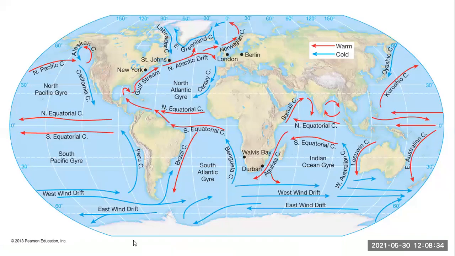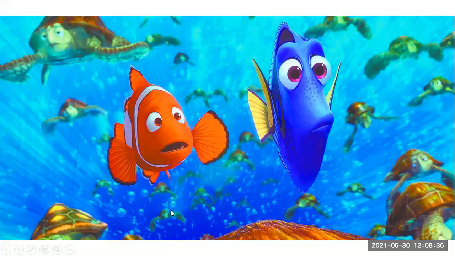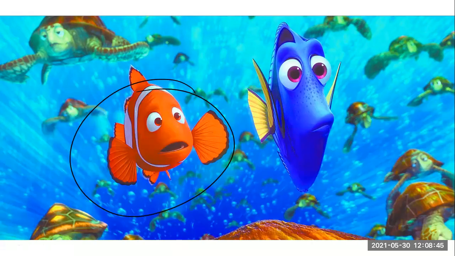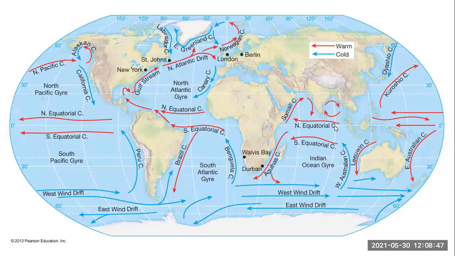The main characters are Marlin and Dory. Marlin is looking after the lost child. Nemo is the lost child of Marlin. So Marlin is trying to look after that particular child, Nemo. Nemo is taken towards the Sydney coast.